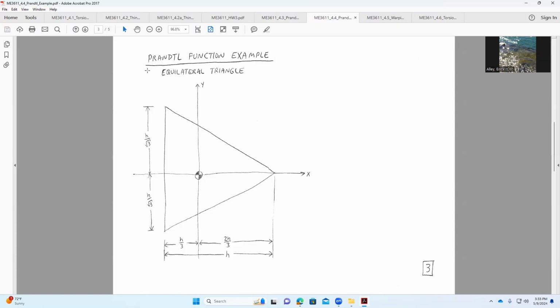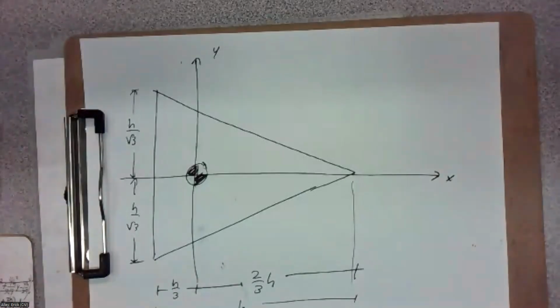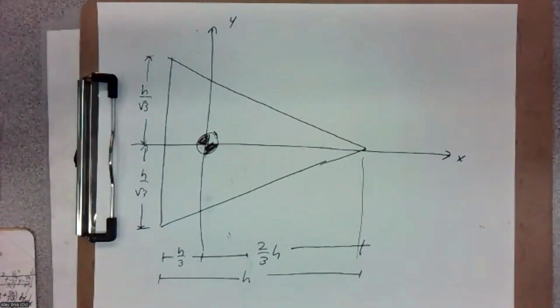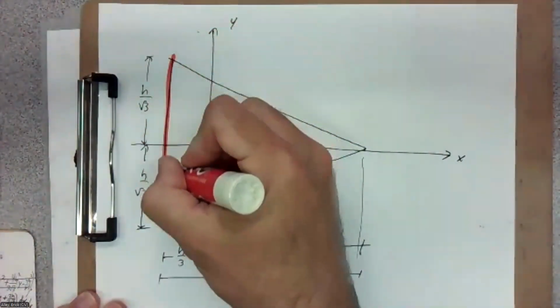So now it's just a matter of writing out our functions for this one. Let's do the vertical line first because that's probably the easiest. What equation can we write to describe this vertical line on the left here?